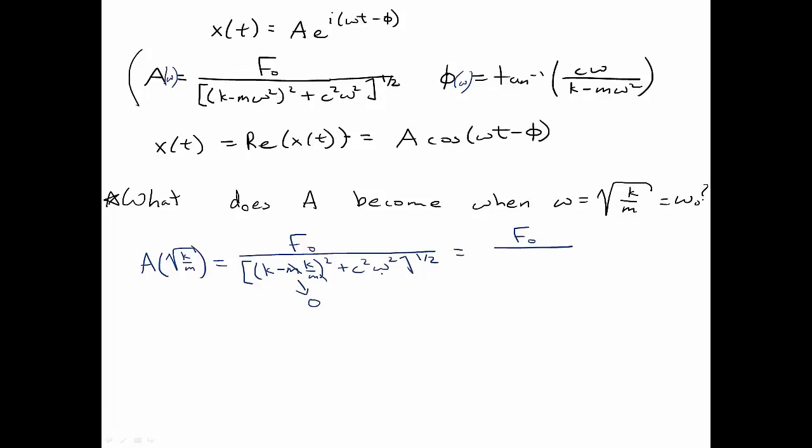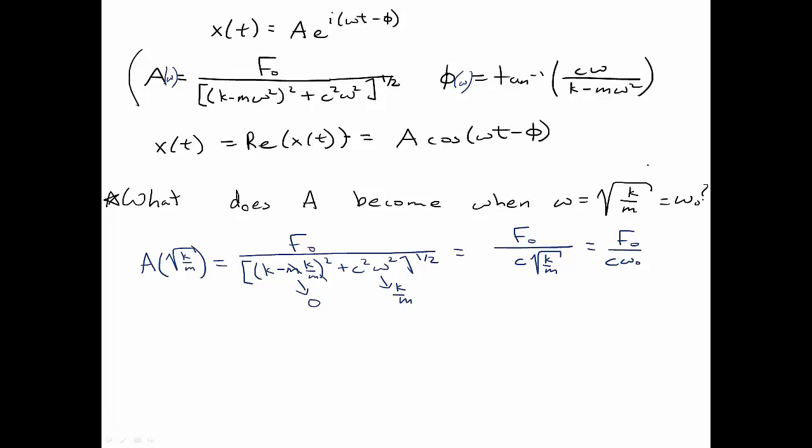So we have c squared omega squared square rooted, so that's c, oops, I forgot to plug in k over m right here. So that's c times the square root of k over m. Or you could just write it as f naught over c omega naught.